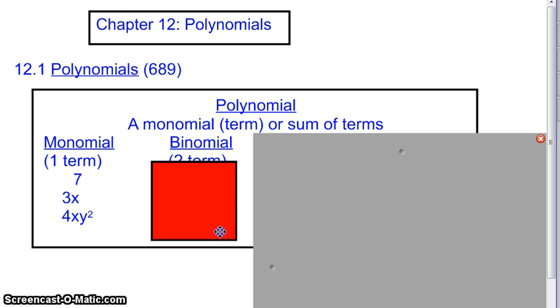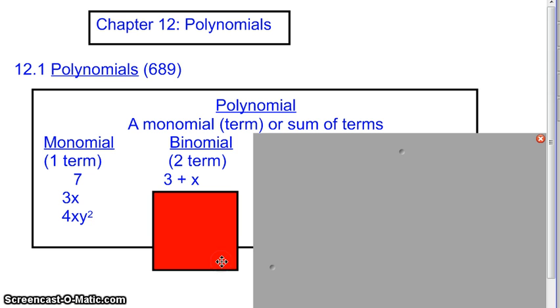2 terms like 3 plus x. 3 plus x is simplified because unless I know what x is, I have to leave it like this. 3 plus x. There's no simpler way to say it. Why is 3 plus x not 3x?